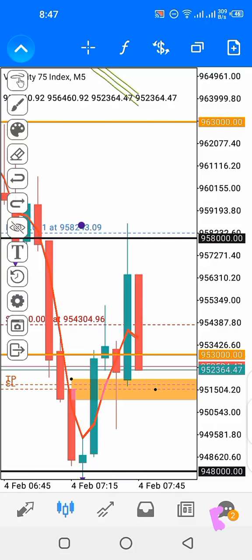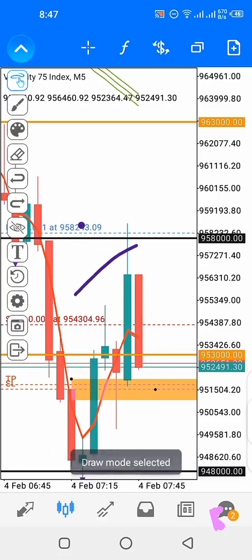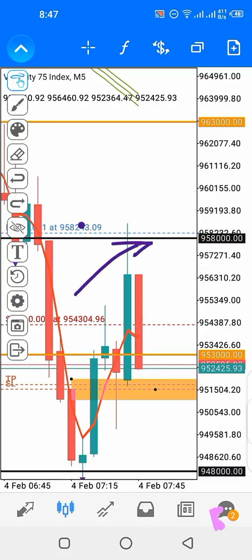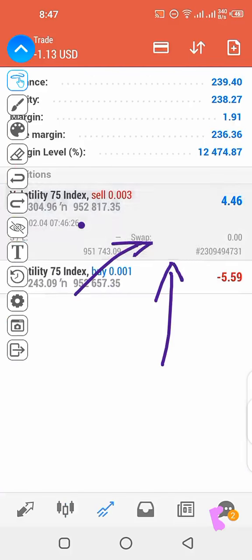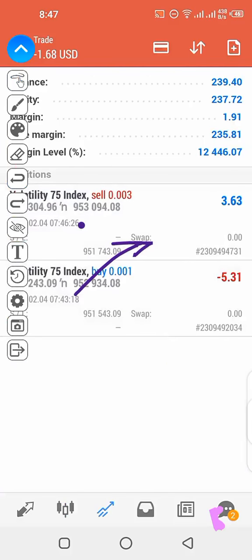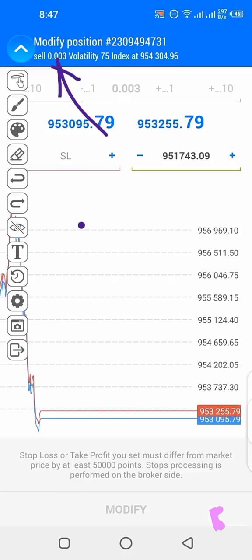I'll be placing the buy stop somewhere around here, in case price decides to go up and then creates some kind of drawdown on my account. Currently the drawdown is 1.87.